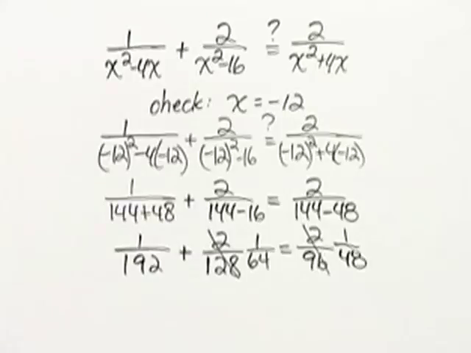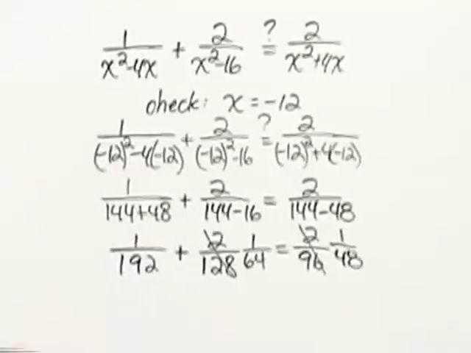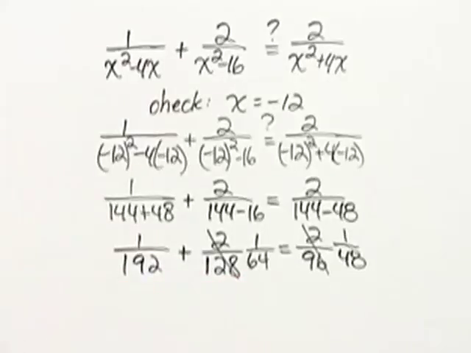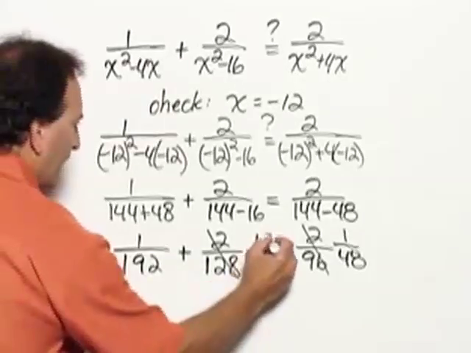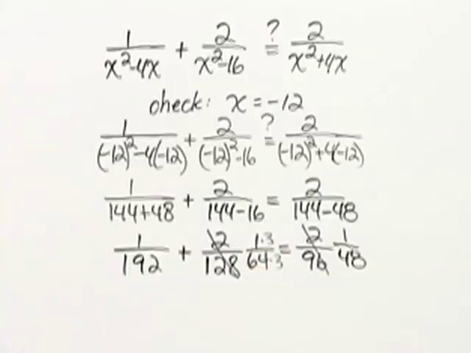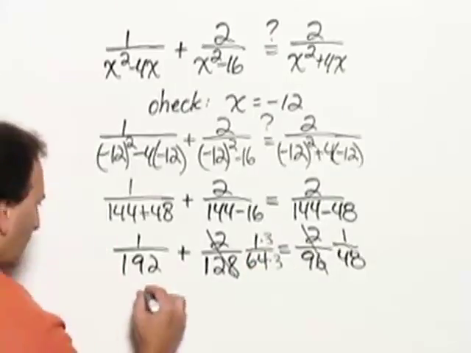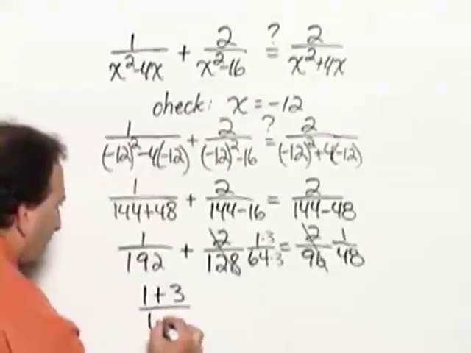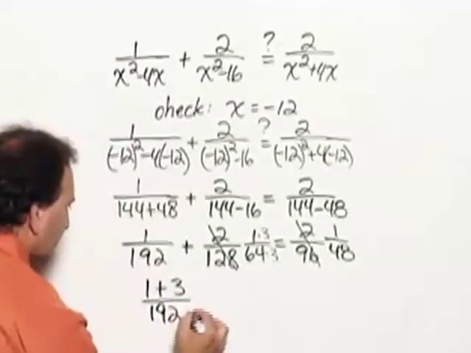So now, common denominator, 192 and 64 is the 192. We would have to multiply numerator and denominator by 3. So that would be 1 plus 3 over 192.